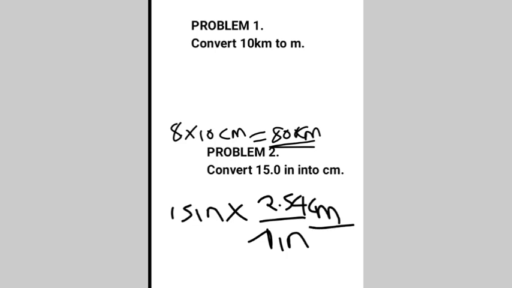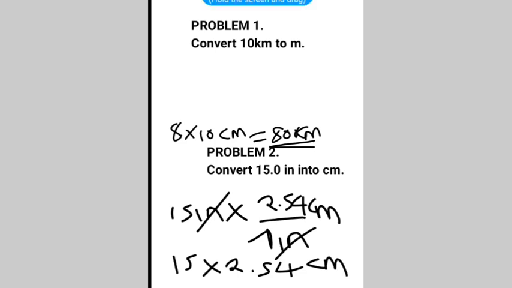Since we have the inches here and the inches there, we can cancel them, and we just remain with 15 multiplied by 2.54 centimeters. So what could be the answer for this?